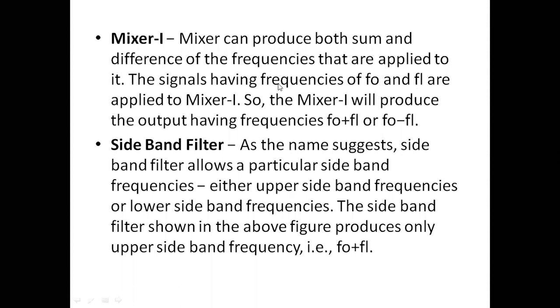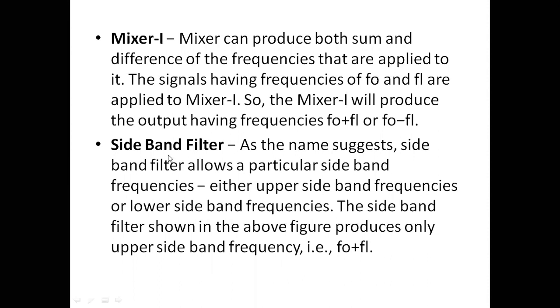So that means from the transmitter we have the frequency f0 and from the local oscillator we have the frequency fl. These two signals of two frequencies will be applied to the mixer 1. So the mixer produces the sum and difference of those signals, that means frequencies. So that is f0 plus fl or f0 minus fl. It produces sum, that is f0 plus fl, and difference, that is f0 minus fl.